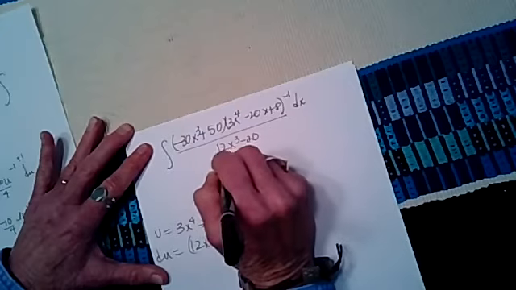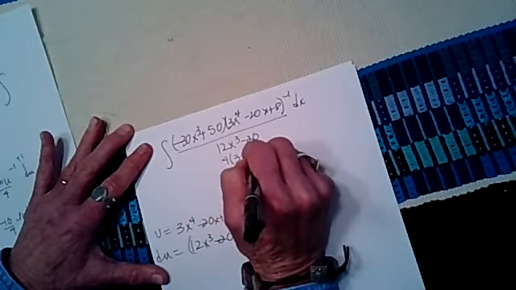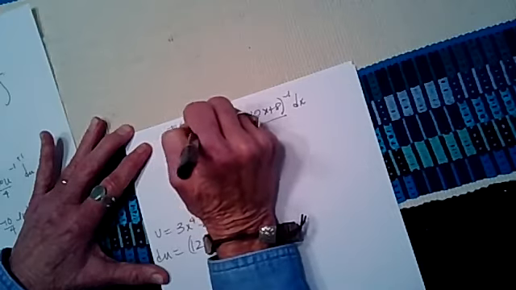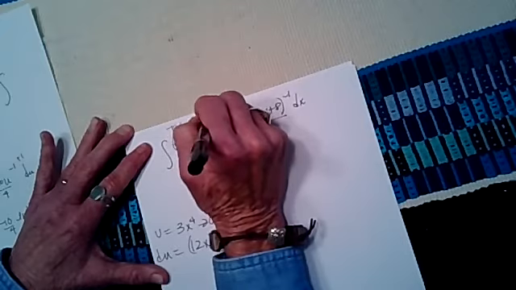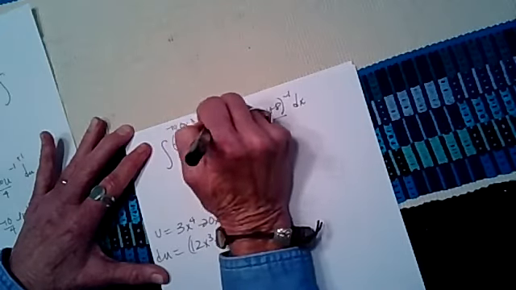So my greatest common factor on the bottom is 4. And my greatest common factor on top is -10. 3x cubed minus 5.